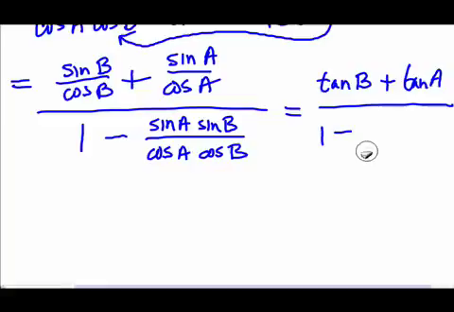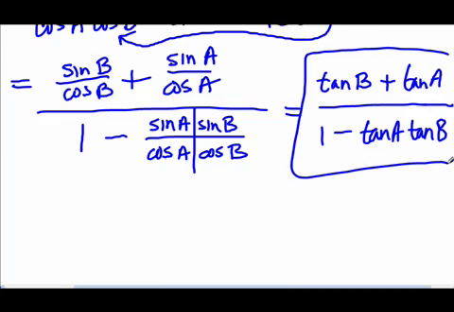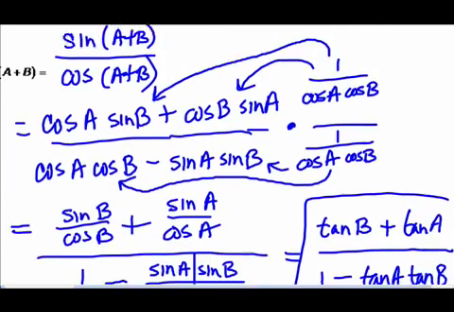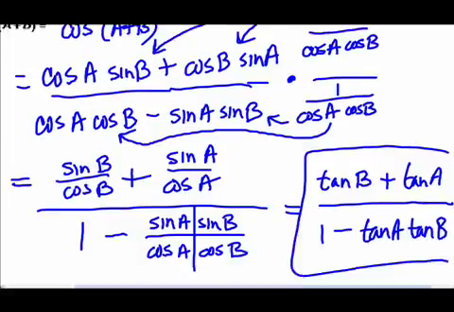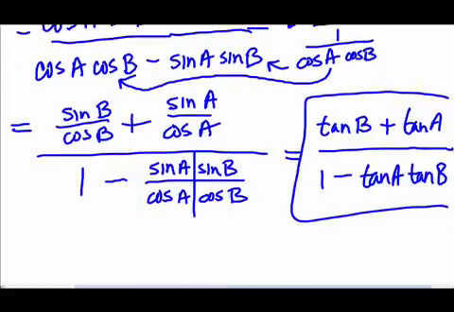Tangent A, tangent B. Tangent A times tangent B, if you separate it that way. Tan A, tan B. And I'm going to cross my fingers and ask, is that the identity for the tangent of A plus B? So you look at the cover of your book and say, oh, there it is. Now I know where they get it from. Right?